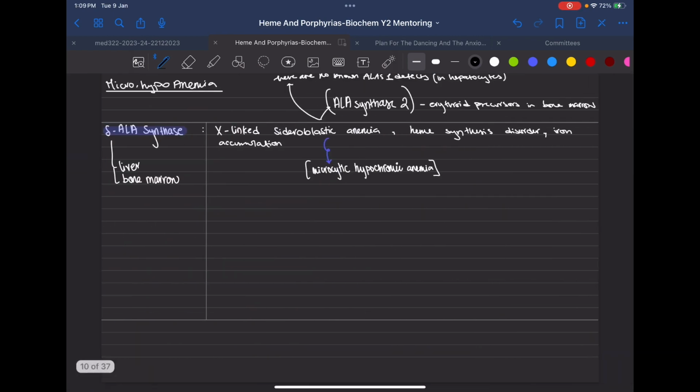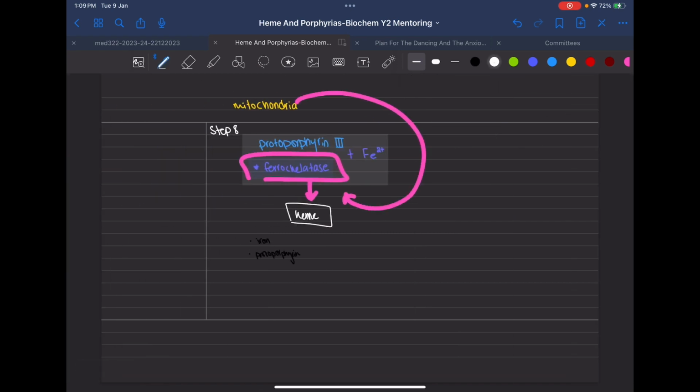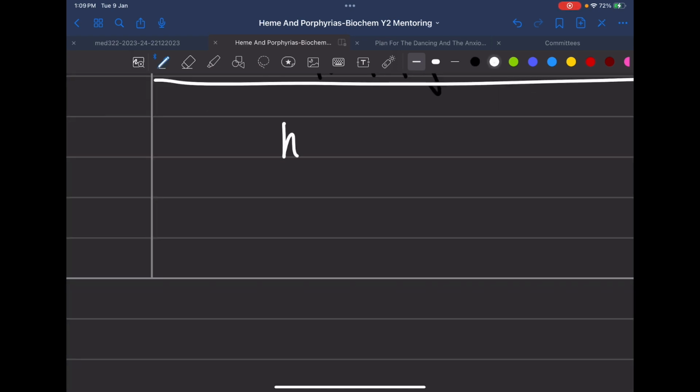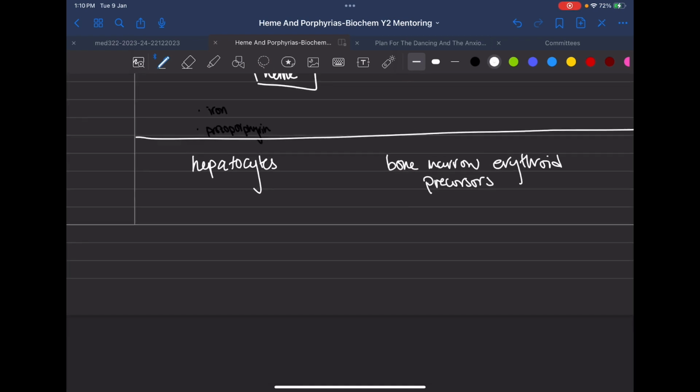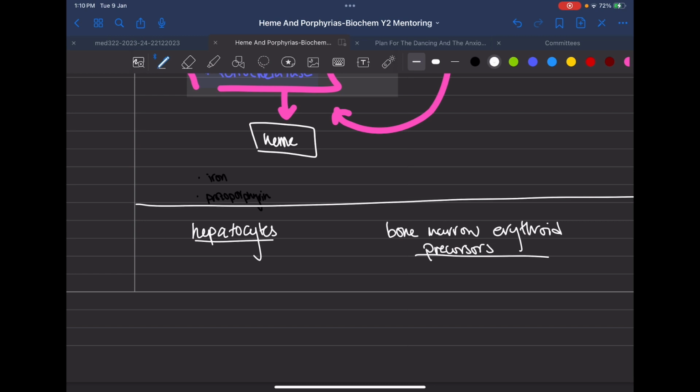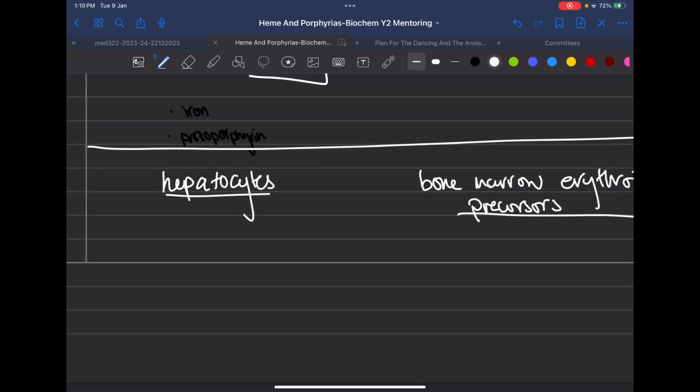So, all right. In our hepatocytes and in our bone marrow erythroid precursors, which are just stem cells that are destined to become red blood cells, and hepatocytes are liver cells, we have this enzyme, the first enzyme we discussed, if you remember.